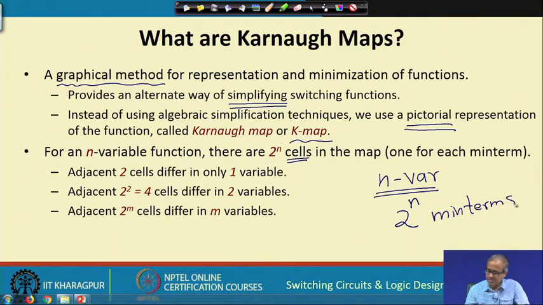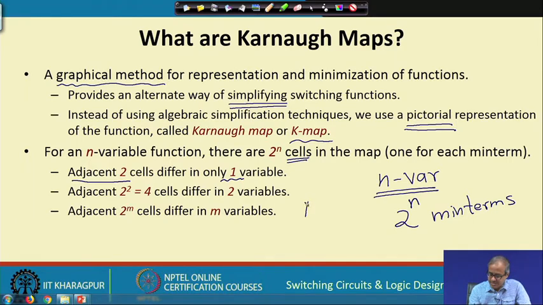There are 2 to the power n minterms. The K map will also be having 2 to the power n cells, and these minterms are mapped to the cells in a very specific way, such that the adjacent cells, let us say a pair of cells, will differ in only one variable.